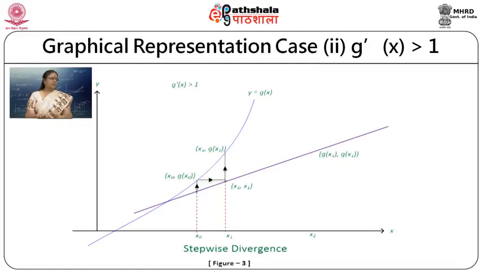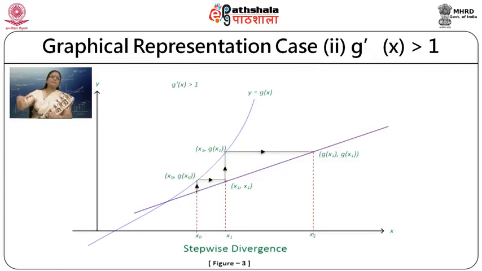As we move, you can very well observe what is happening: instead of moving towards the root, we have moved away from the root. Because the derivative is greater than 1, convergence is not taking place, rather the values are moving steadily away from the root in one direction.